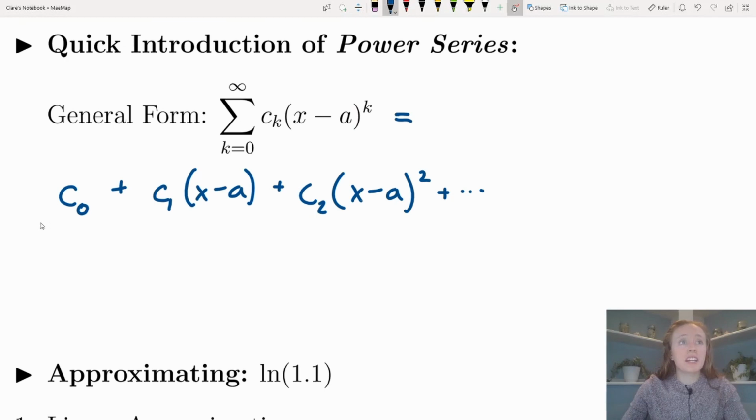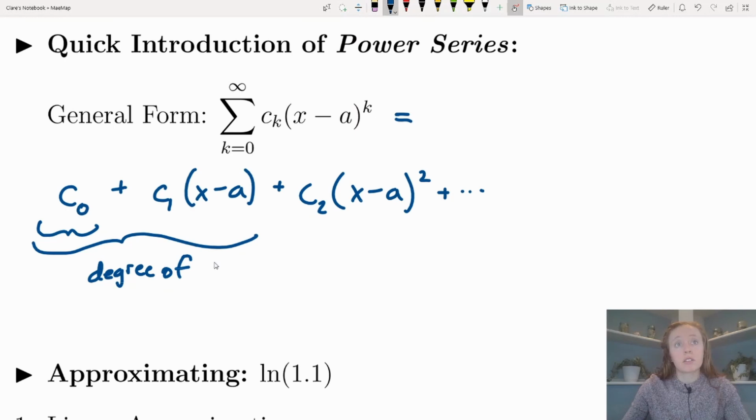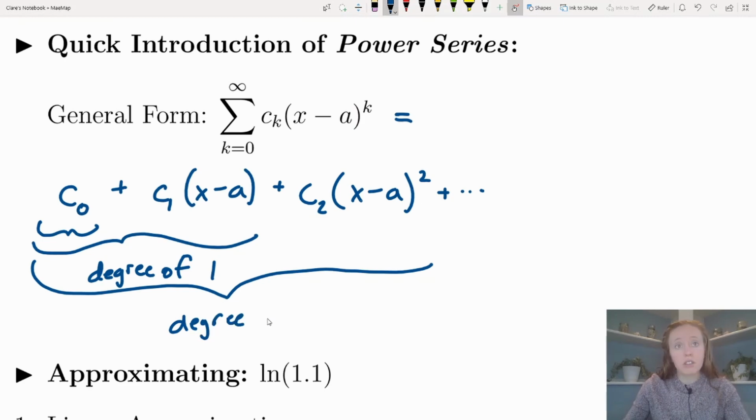So you can see that here we have a degree of 0, whereas this is a polynomial with a degree of 1. And then if we go up to where it's squared, that's a degree of 2.